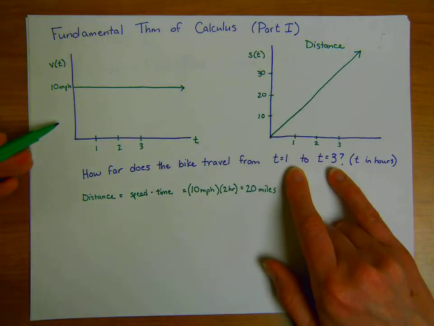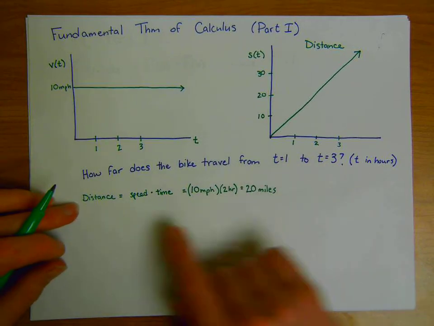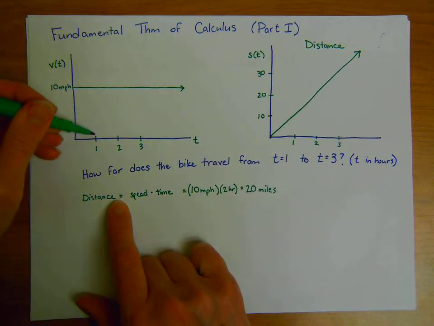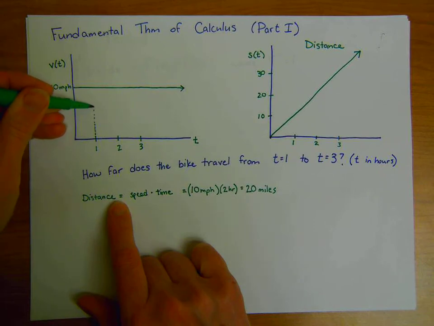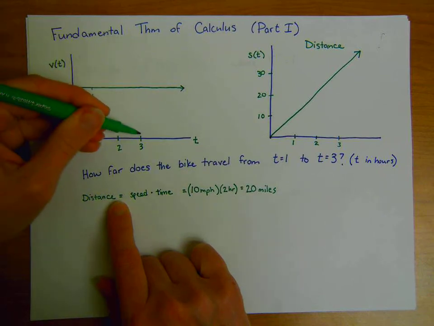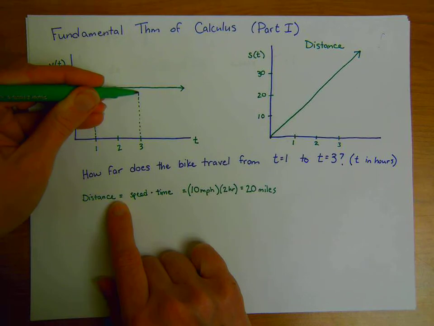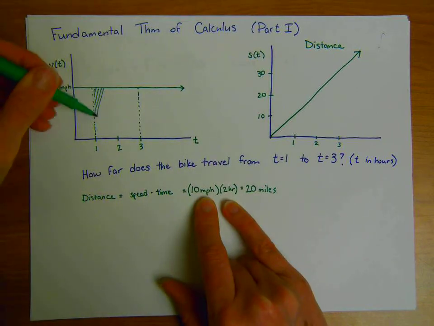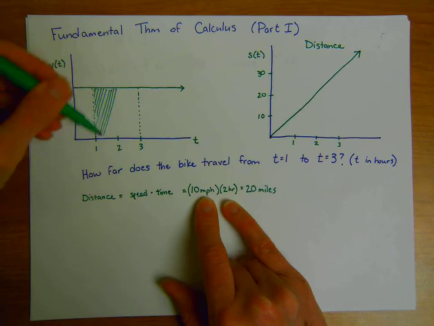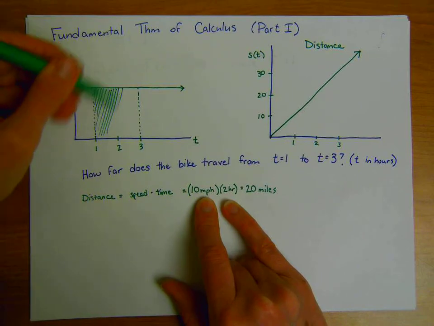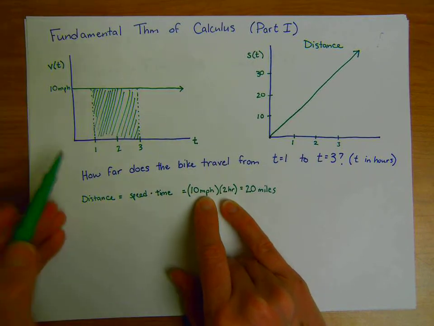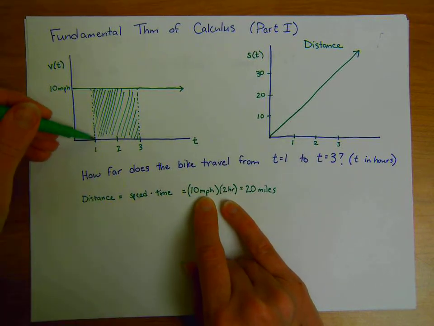But if I were to consider this using calculus, I could also consider the total distance traveled to be the area under my velocity curve. And notice that the components of the area correspond exactly with the multiplication that we did previously. Even if this weren't a straight curve, we could have some sort of variable velocity, and we would see that the height in each case is representing the speed.